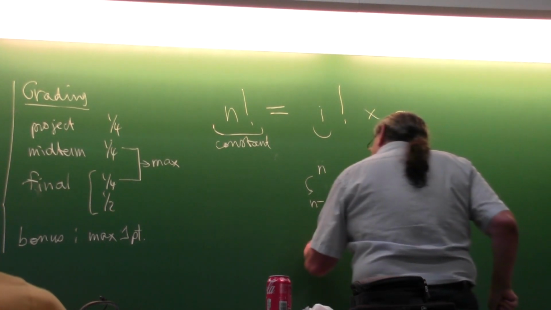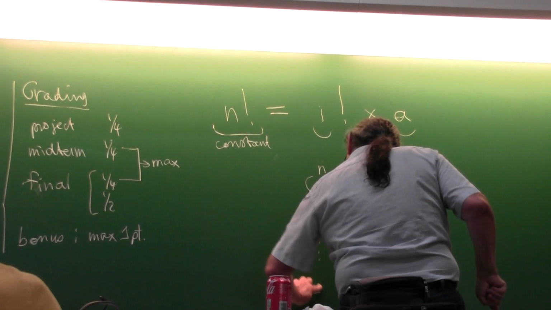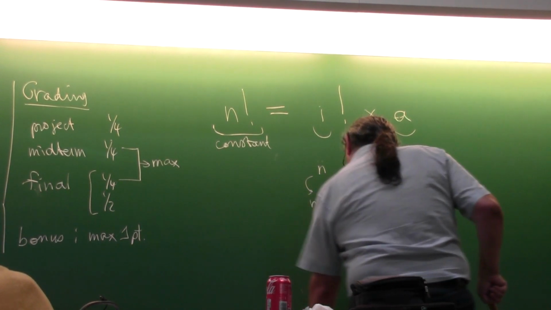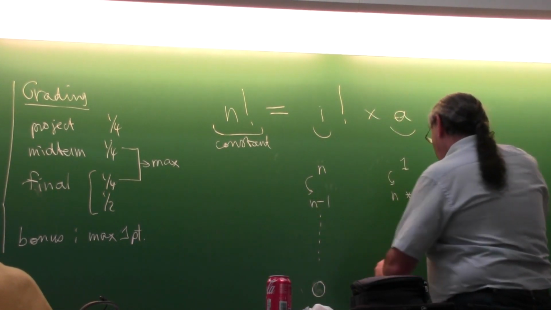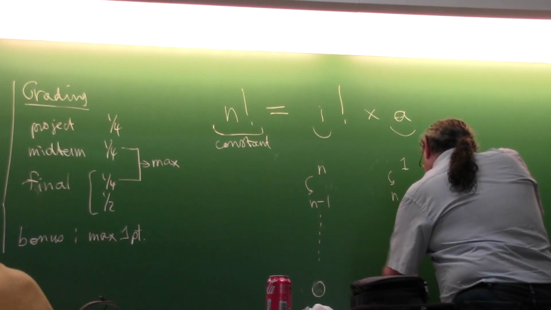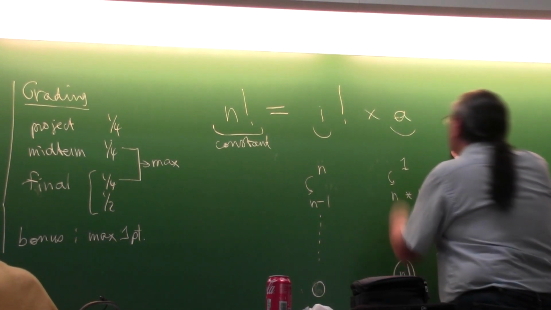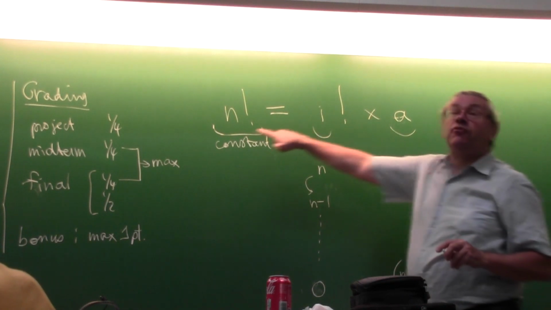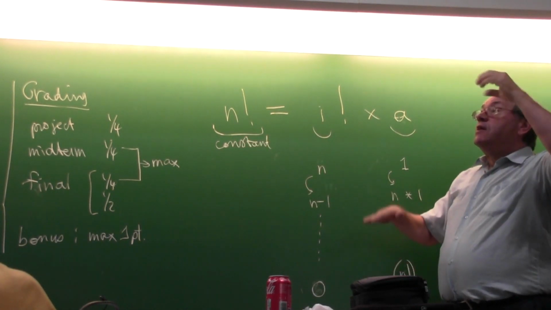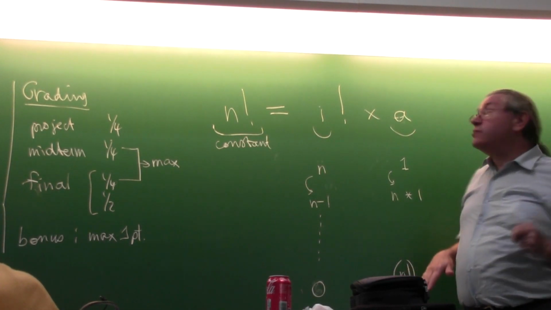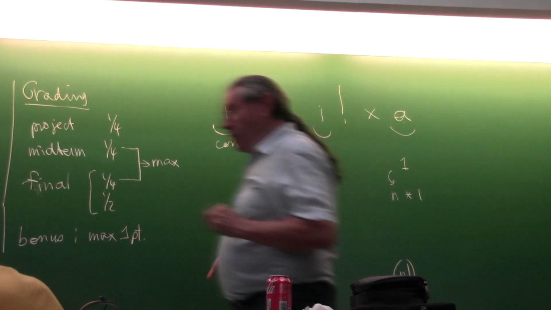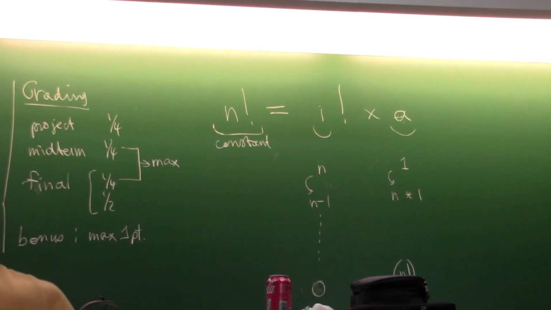And we keep going, decreasing until this one is 0. 0 factorial is equal to 1. And then the number here will be equal to n factorial. So the idea is that this equation is always true, and this automatically gives you a tail recursive function.